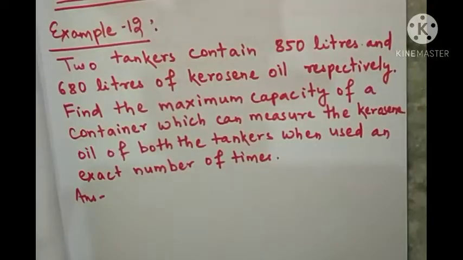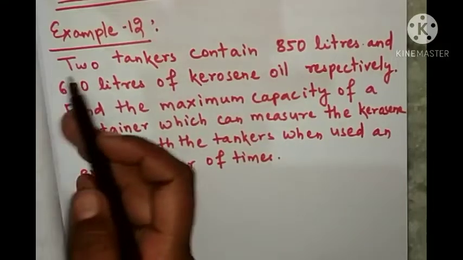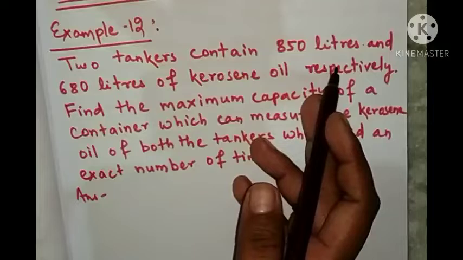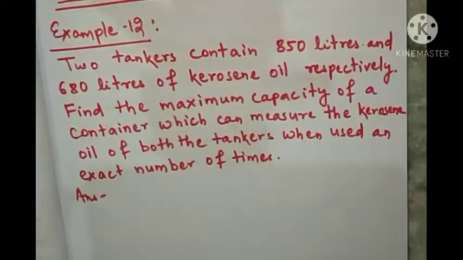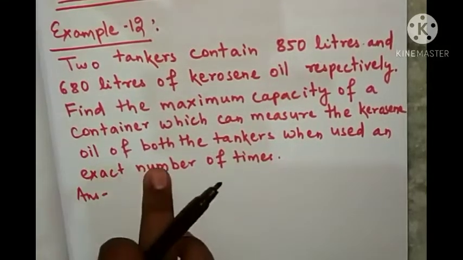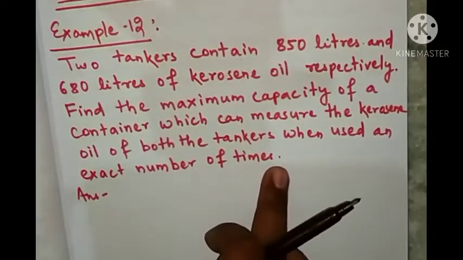Okay, next we will see some applications, some problems regarding HCF and LCM. So look here, example 12 is given. Two tankers contain 850 liters and 680 liters of kerosene oil respectively. Find the maximum capacity of a container which can measure the kerosene oil of both the containers an exact number of times.